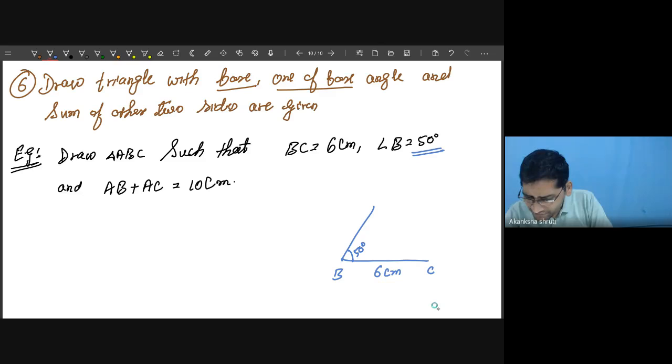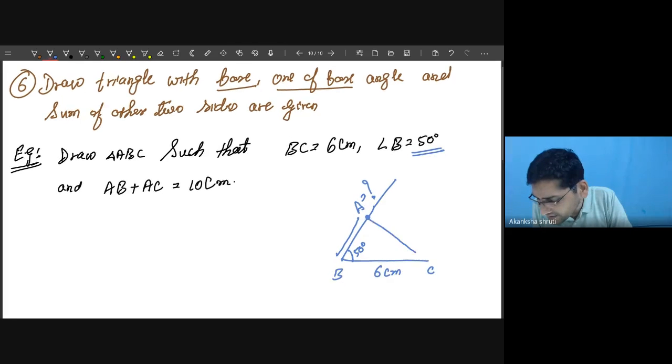A must be somewhere over this line. Where is this? That we do not know. Let us take this A somewhere here. We need to determine where is A, so that this AB length plus AC length.